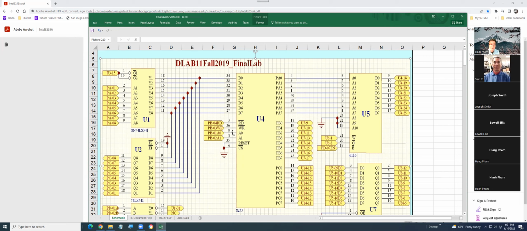If A0, A1 are 0, 0, you write to port A. 0, 1, you write to port B. 1, 0, you write to port C. Therefore, you do the operation, read or write, and port A, B, C will be defined by A0 and A1.